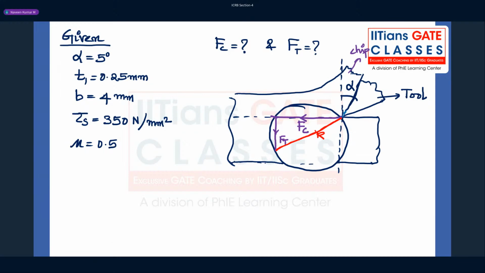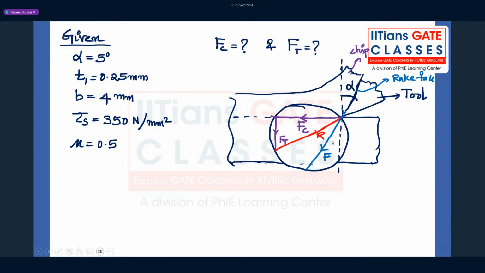So here I'm extending like this. It means that chip is flowing on the surface. This is the rake face, right? As the chip is flowing, there is some kind of frictional force acting on the face. As force is a vector, I'm placing it like this. The frictional force F is in this line.